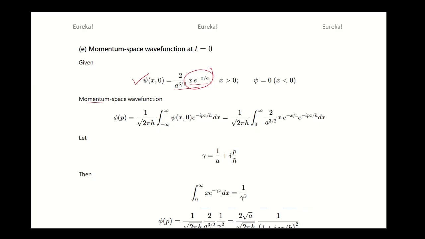And we use the Fourier transform form, so f of omega is 1 divided by root under twice pi h cross, integral from minus infinity to plus infinity of f of x times e to the power minus iota omega x dx. So this is the form of the Fourier transform.